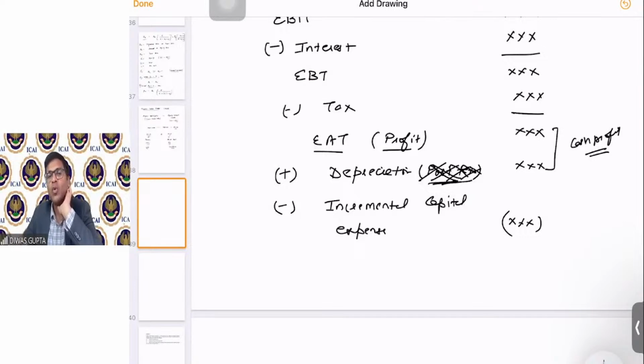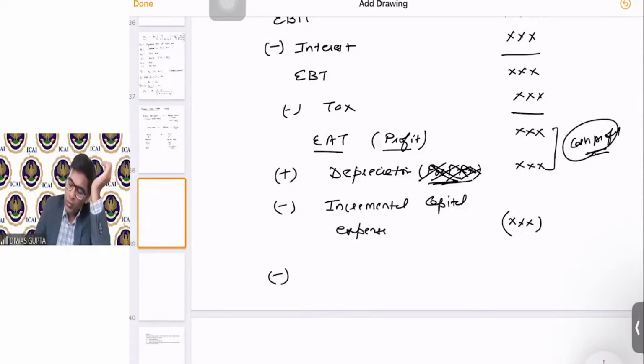Okay, we will cover one question in that it will get cleared. Because there are two ways to take depreciation. Okay, we will cover that in the second half of today's session. So as of now, you know that whatever depreciation you have reduced from the EBIT, you have to add it back in EAT to arrive at the cash profits, right? These are the cash profits. From that cash profits, you will reap some amount in the capital expenditure.